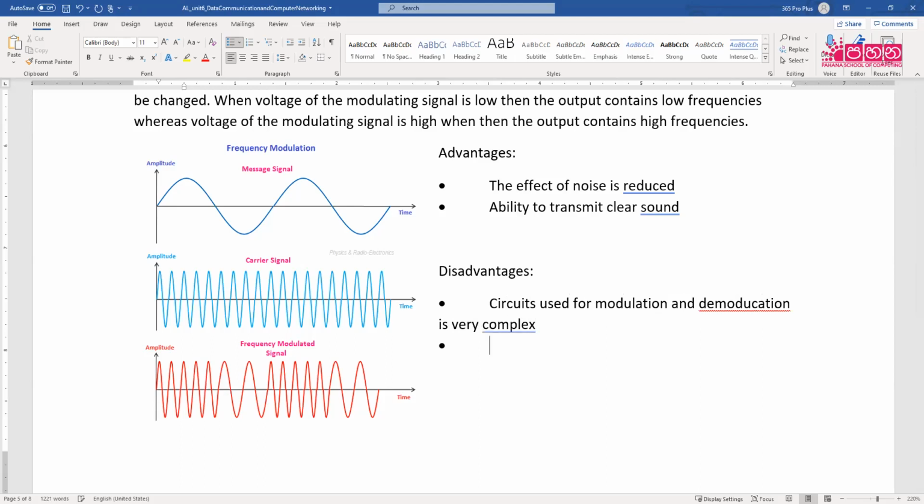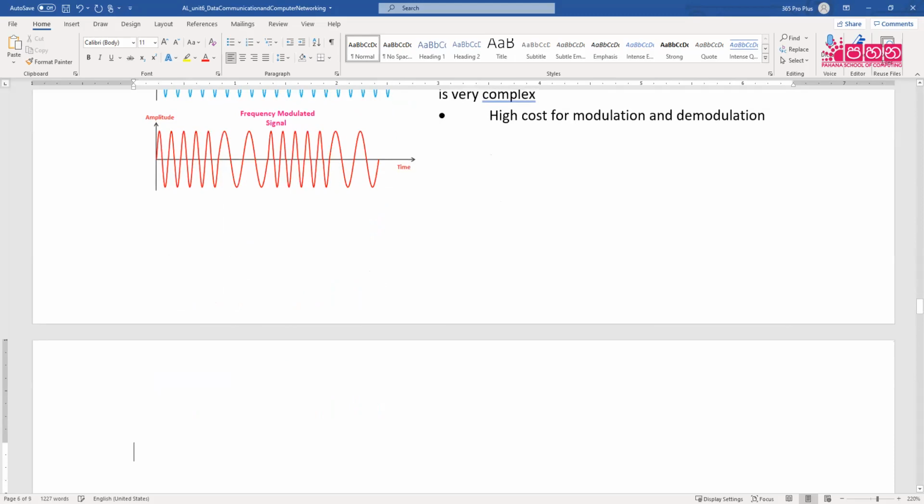So the circuits that we need to use, they will be very complex. High cost for modulation and demodulation. Right. So these are the advantages and disadvantages.